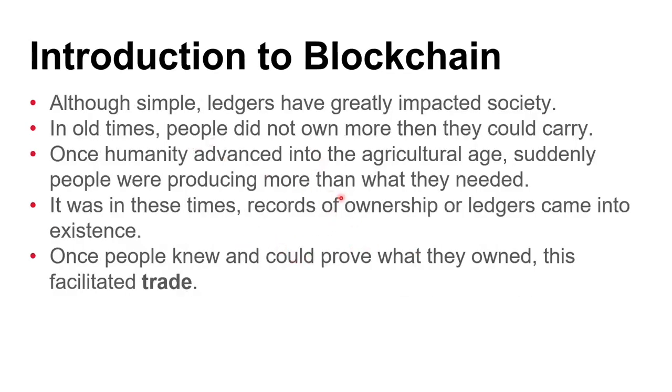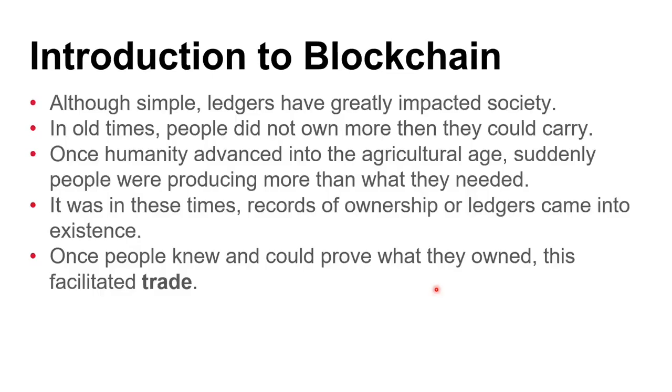Although ledgers seem quite simple, they've had a great impact on society. As we can imagine, back in the hunting and gathering days, people did not own much more than they could carry. So there was no reason to really write down what somebody owned. But once we began to advance into the agricultural age, suddenly we began producing more than what we needed.